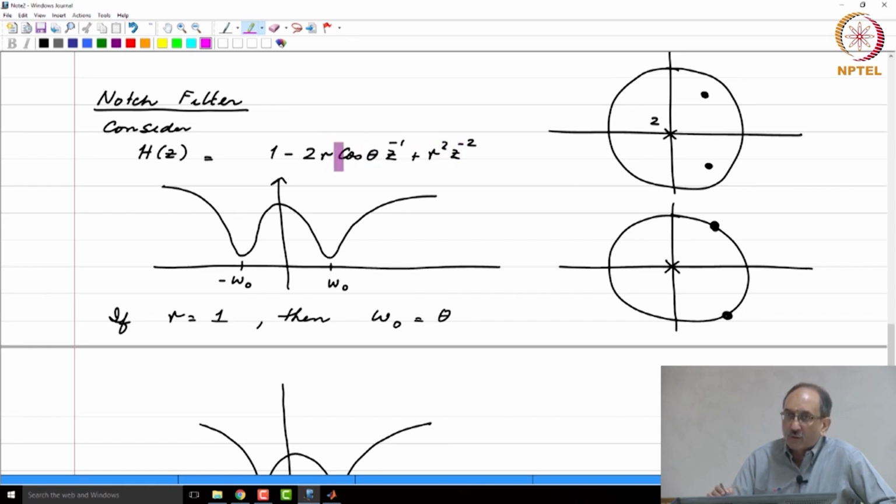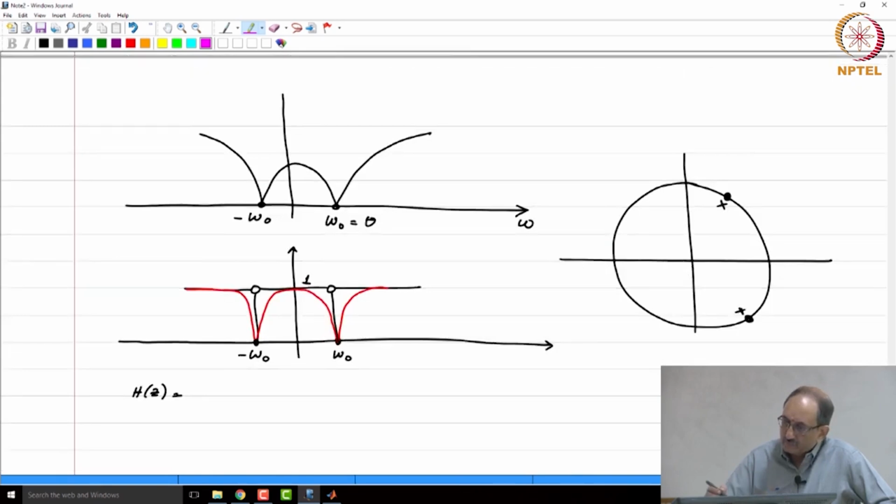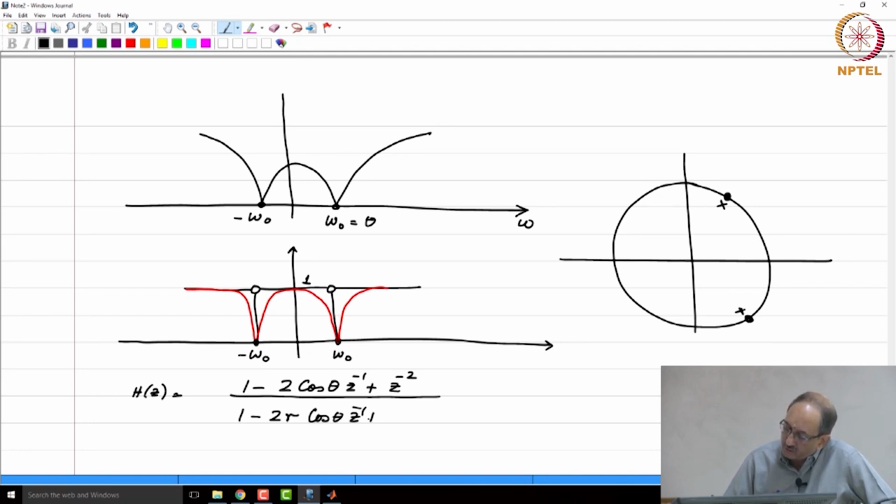But to make it better, you are going to introduce poles at r e to the plus and minus j theta, therefore the denominator is 1 minus 2r cos theta z inverse plus r squared z to the minus 2.